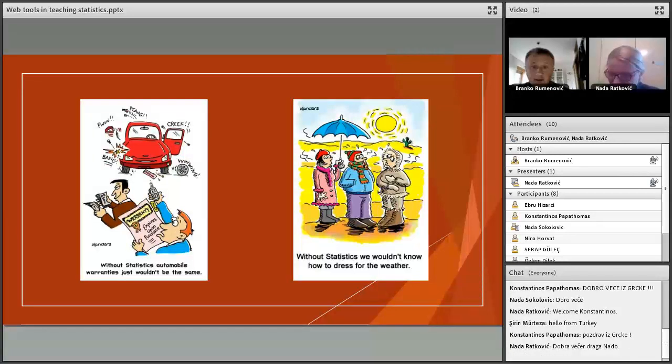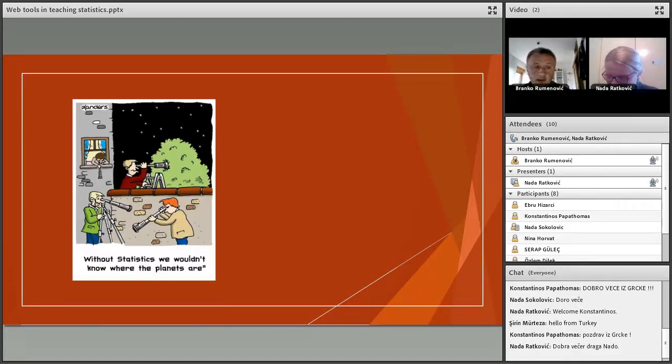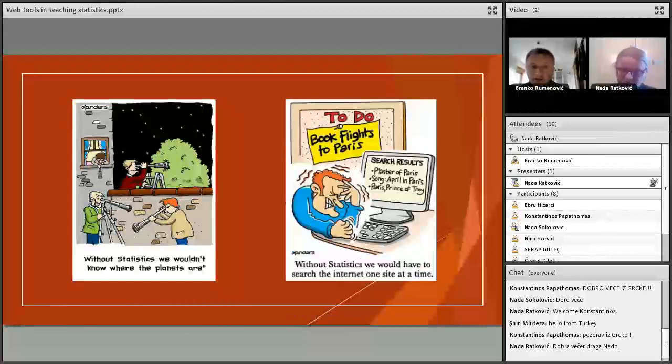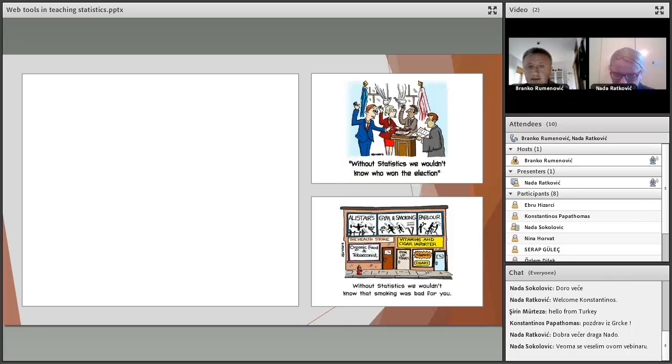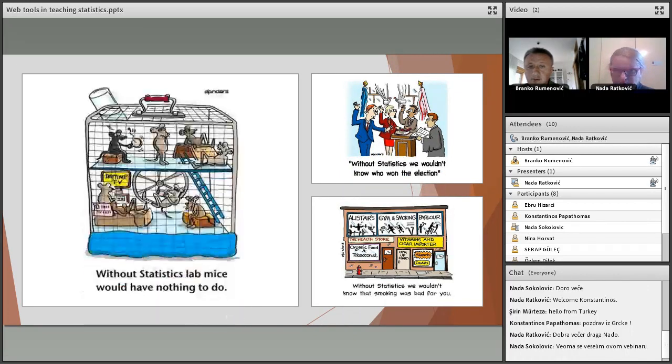For example, without statistics, we wouldn't know how to dress for the weather, or we would have to search the internet on the site at the time. We wouldn't know where the planets are. Without statistics, we wouldn't know who won the election, or lab mice wouldn't have anything to do.